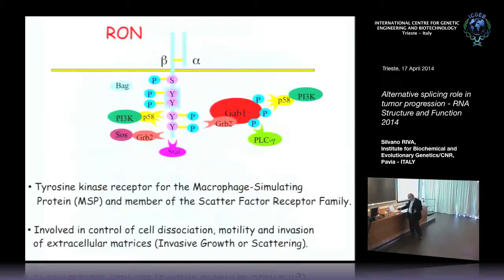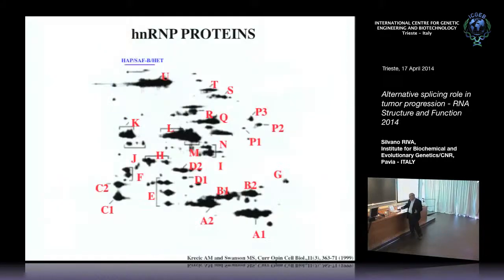And the HNRNP proteins that I already mentioned, and remember this protein, A1, and also this one, A2B1, A1B2. So this group of proteins will come out along.